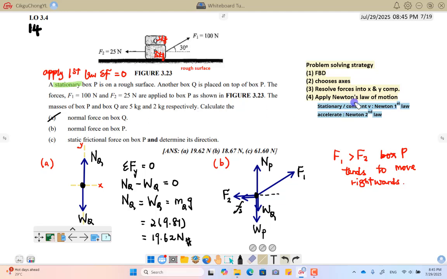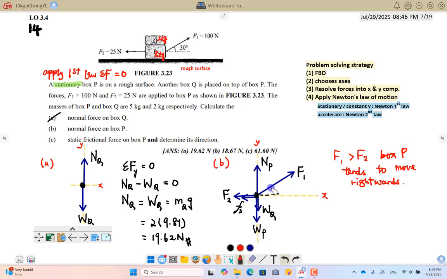In order to apply Newton's law to calculate the normal force on box P, I need to choose the axis and then resolve the forces into x and y components. I treat this as my x-axis and here as my y-axis. After I put the axis, I can see my normal force for box P is pointing upward, weight is pointing downwards, and F2 and Fs are pointing leftwards.